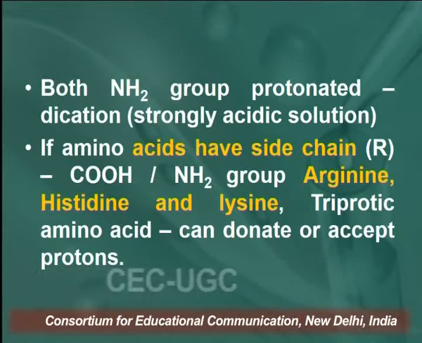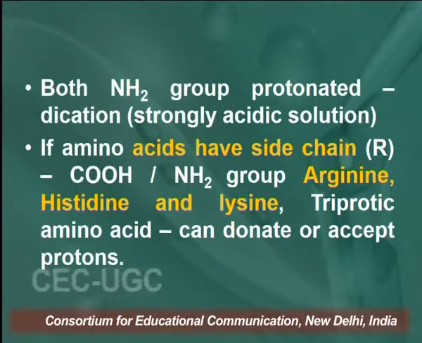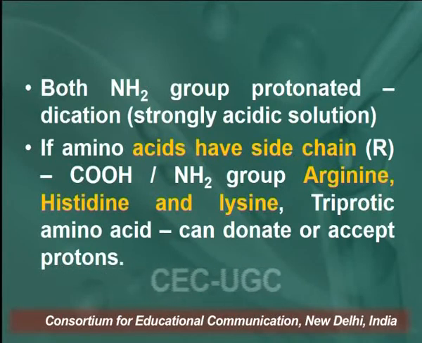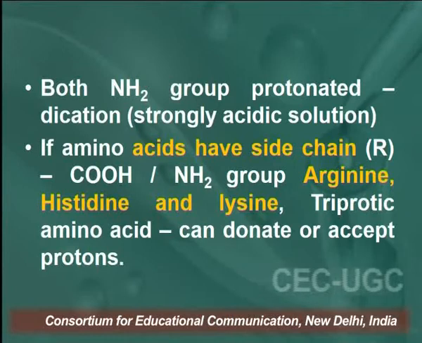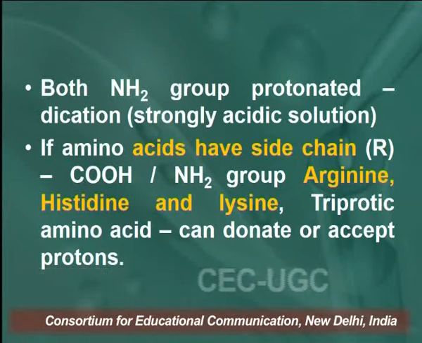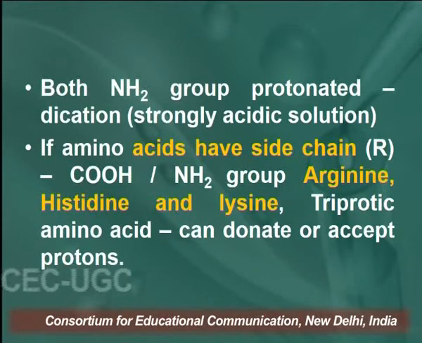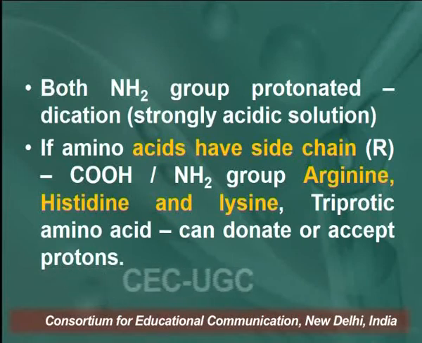So if amino acids have a side chain, what happens in that case? Amino acids like arginine, histidine and lysine have side chains along with the COOH group and NH2 group. In that case these are triprotic amino acids, and they can donate or accept a proton because the side chain also has a proton.